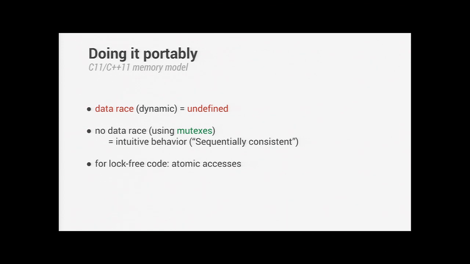The first one is that if your code has races and no special atomics, then it is garbage, and the compiler is allowed to do anything it wants. The second one is that if your code is well locked, so you are using mutexes, for example, for synchronization, then everything works fine as it always has.